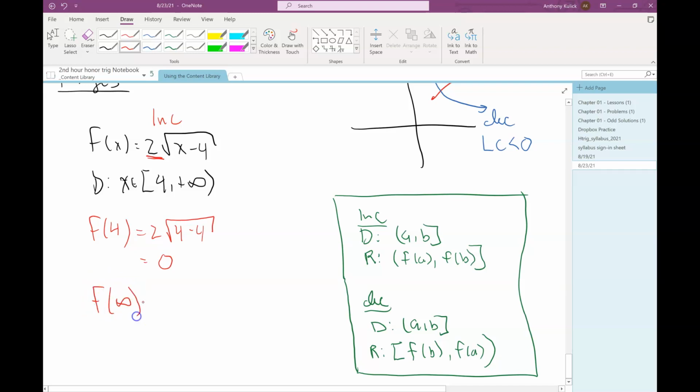And then f of infinity, because that's the upper bound, right? How do I parse that since infinity is not really a number? Well, let's just kind of follow the order of operations. So infinity minus 4, if you have an infinitely sized number and you take 4 away, does it matter? No, still infinity, right?